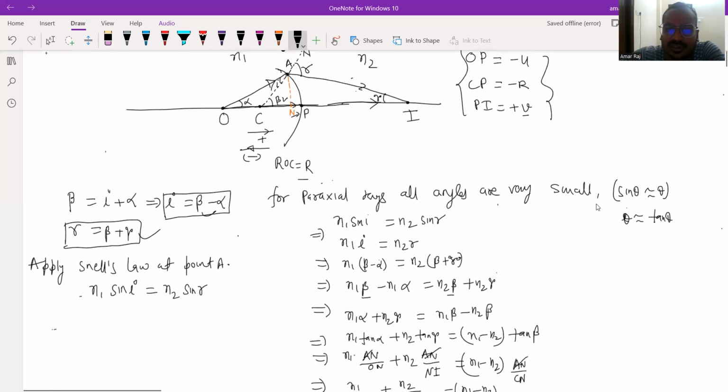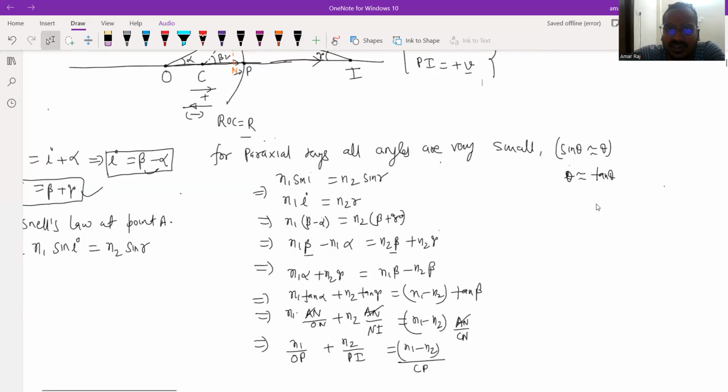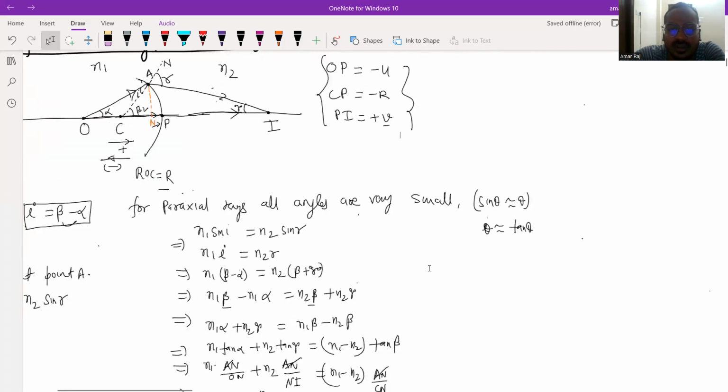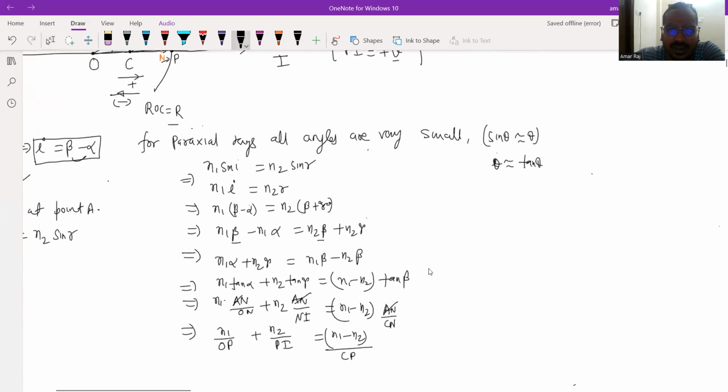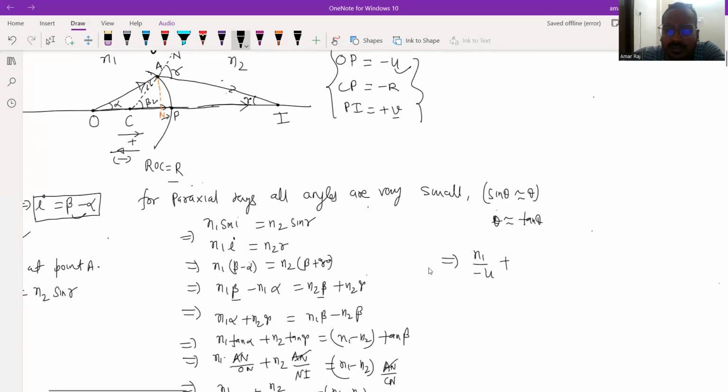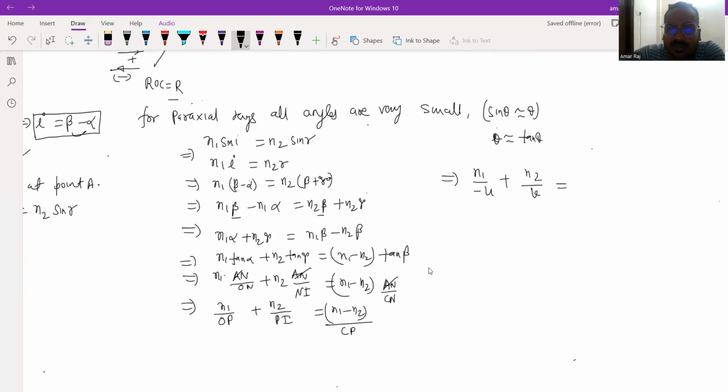So what will you get? N1 by OP, where OP is minus u, so N1 by minus u plus N2 by PI, where PI is v, is equal to N1 minus N2 by CP.